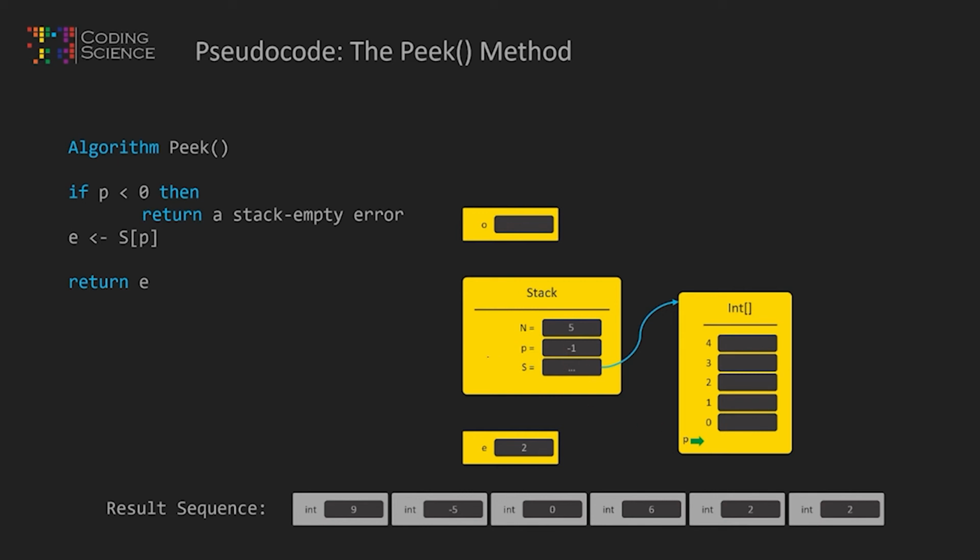So now, what if we are in this situation where the array is actually empty and P is equal to -1? So let's see. We call our method peek. If P is inferior to 0, then in this case it is inferior to 0, it's -1. So we return an error, and since we return here, this part here will not be done.